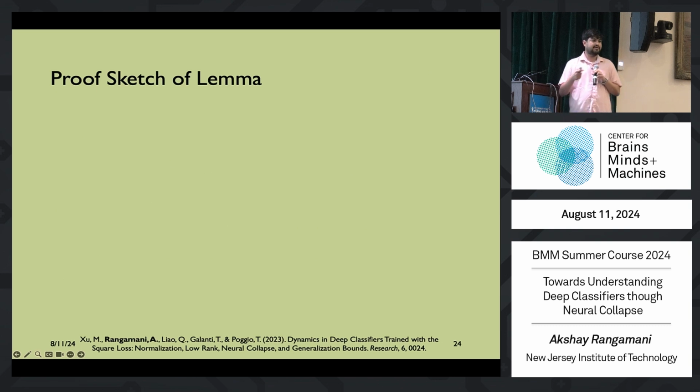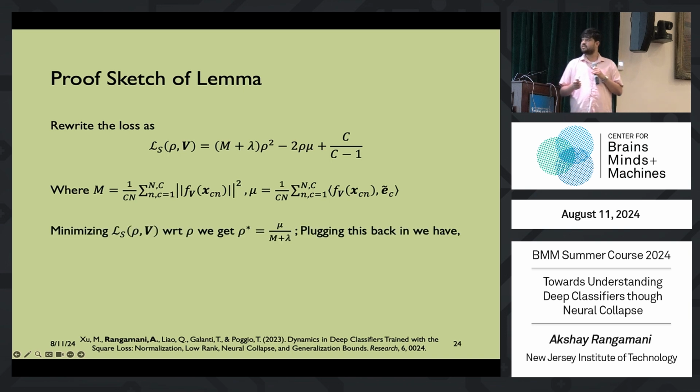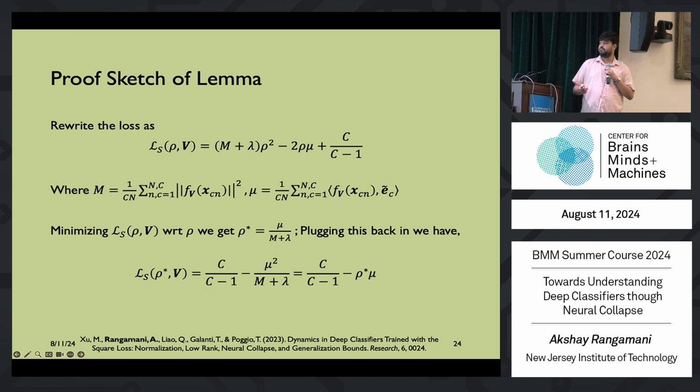It's fairly easy, so I'll just go through a few steps. You rewrite the loss in terms of a couple of different statistics. This is sort of like the second order moment of the outputs, and this captures the correlation of your outputs with the labels, and minimizing the loss with respect to just the scale parameter rho, you get a solution for rho, and then plug that back in, and you'll get this.